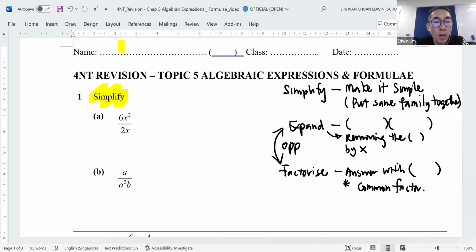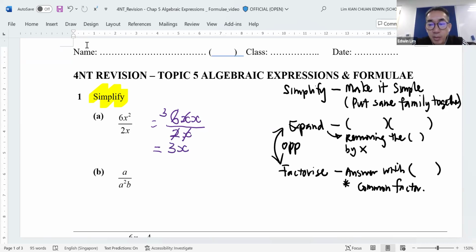So 6x squared over 2x, I can rewrite it to make it simple for you. 6x squared is actually 6 times x times x over 2x. Since the numerator and denominator both have x, we can divide it. 6 divided by 2, you can use calculator as well, get the 3. So my final answer for this, 3x.